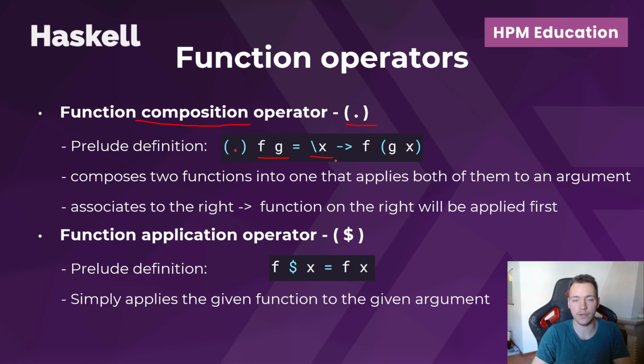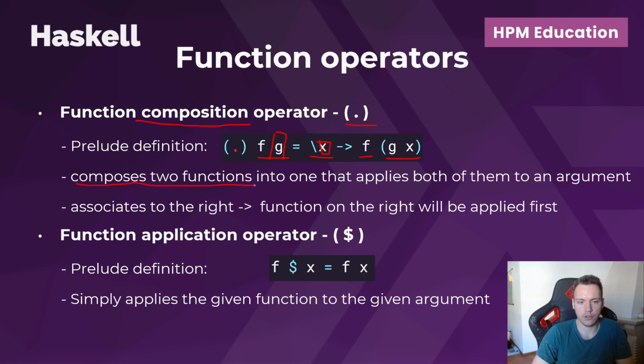And this result function takes in an argument x and returns f and g applied to x in a specific order. It associates to the right, meaning that the function g on the right will be applied first to x, and then f, the function on the left, will be applied secondly to the result of the first function application.